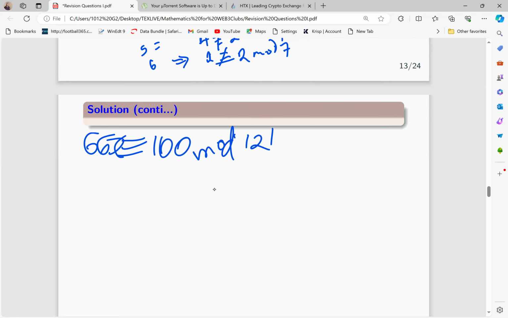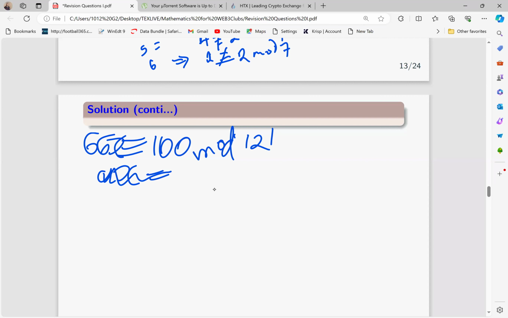There are 2 ways of going about this, one is trial, but that's not the best here. So we use the extended Euclid's algorithm. In the extended Euclid's, we usually have ax congruent to b mod m, and we check that it meets our conditions. So the GCD of 66 and 121, you find it using the Euclid's algorithm.